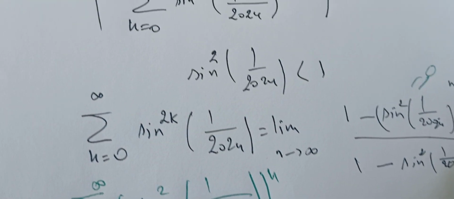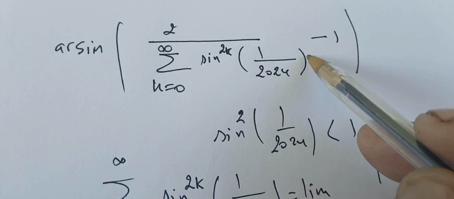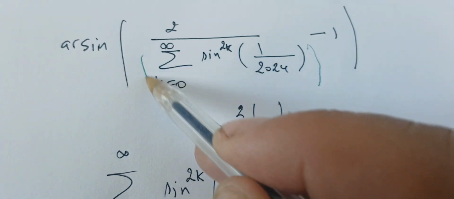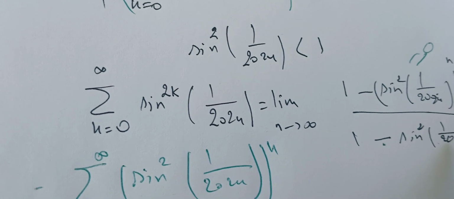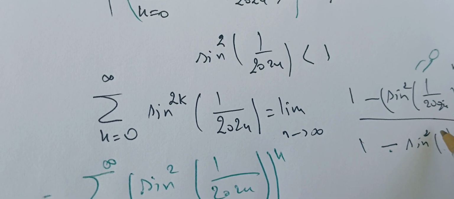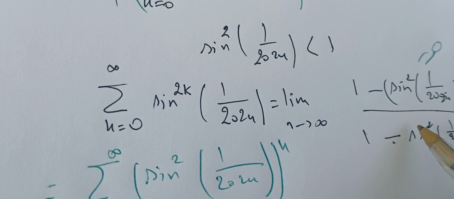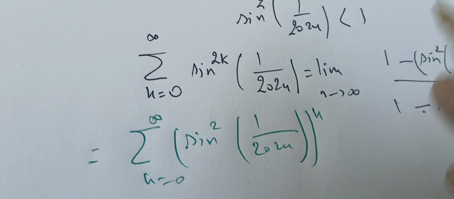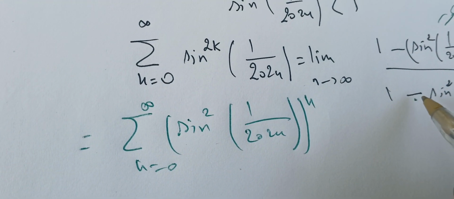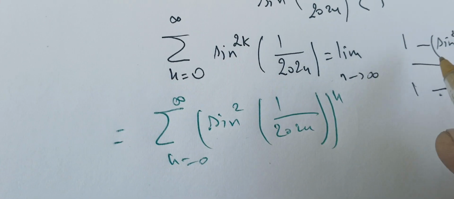Okay, so this sum here, in the green, is going to be 1 minus sine squared of 1 over 2024. But this is just the cosine squared. So it's 1 over the cosine squared. Let me write it here.